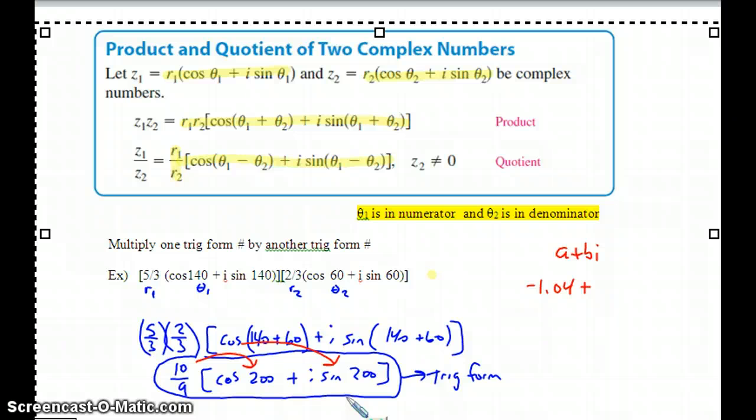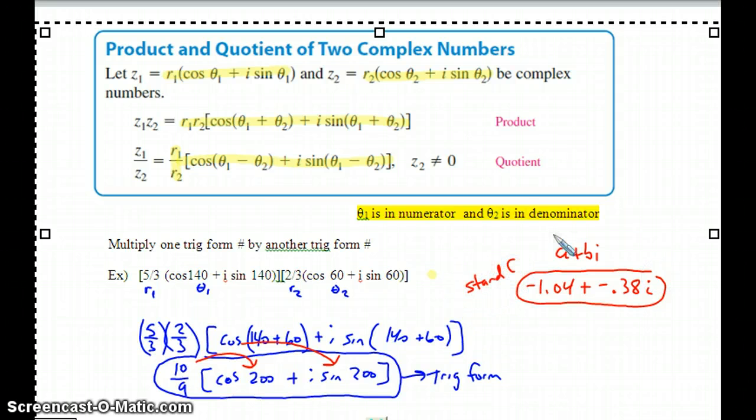And I get negative 0.38. So minus 0.38, bring down the i. So this would be the standard form of it, and this would be the trigonometric form.